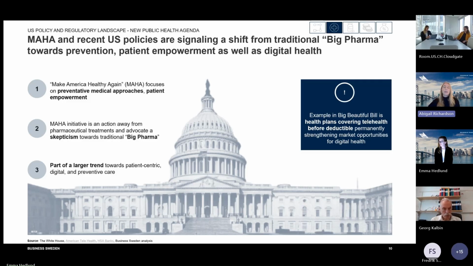And the White House has set up a MAHA commission earlier in 2025, and they're making recommendations on food systems, preventative care, and wellness, especially putting an emphasis on children's health, which is really good to note. And just being from the U.S., chronic disease is definitely a medical issue, but it's also a cultural one. I'm sure many of you have traveled to the U.S. You've seen the portion sizes that are served at restaurants. So that's one example here.